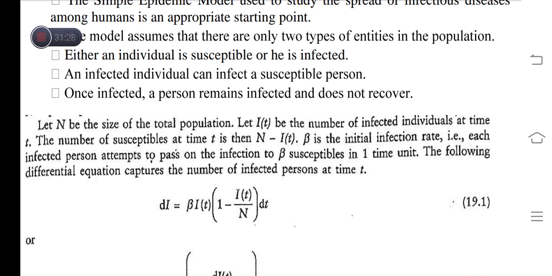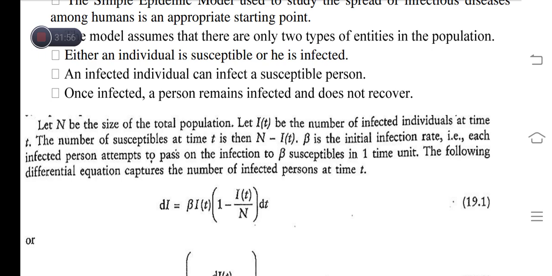Now by using the differential equation, we have the following equation which captures the number of infected persons at the time t. That is, the number of infected persons by the other infected entities, the susceptible entities that are going to become infected entities.